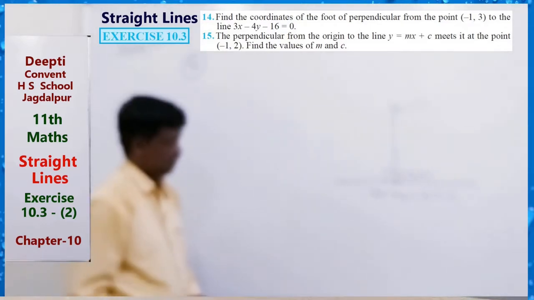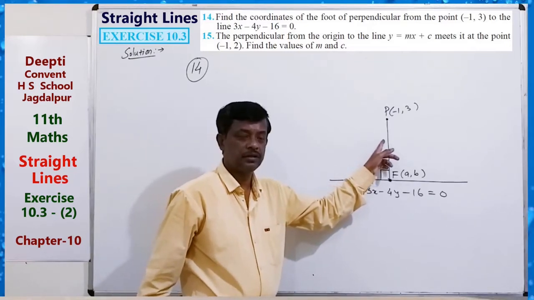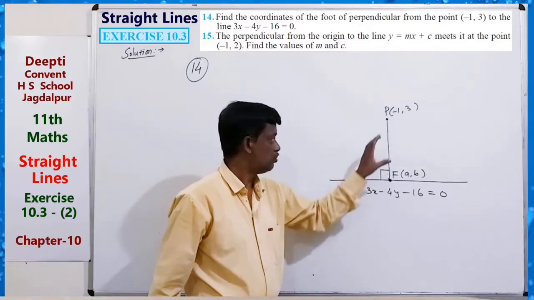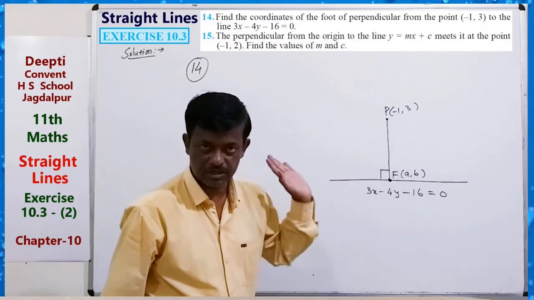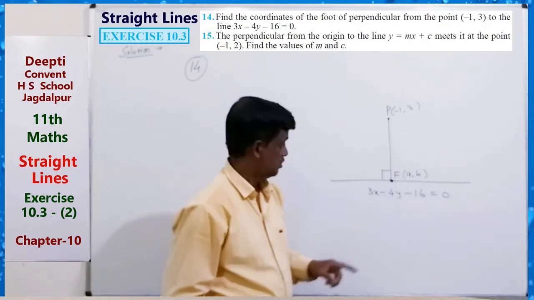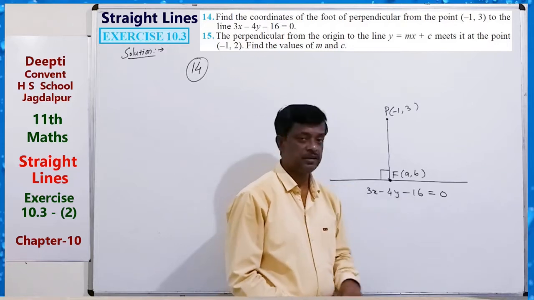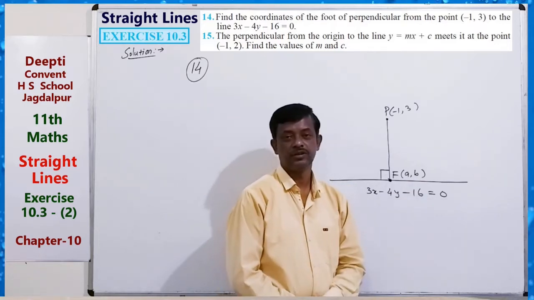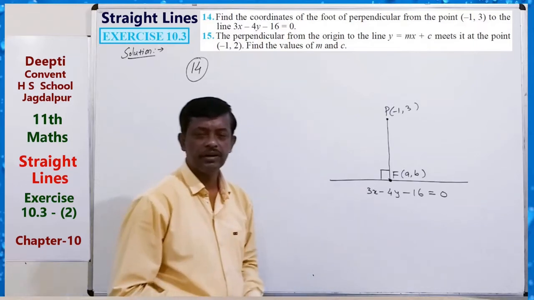Okay? Now, this is perpendicular to this line. So slope of this line into slope of this line is equal to minus 1. We can use this condition. Clear? And also a, b lies on this line, so a, b will satisfy this equation. So we will get two linear equations in a and b, then we can solve them.